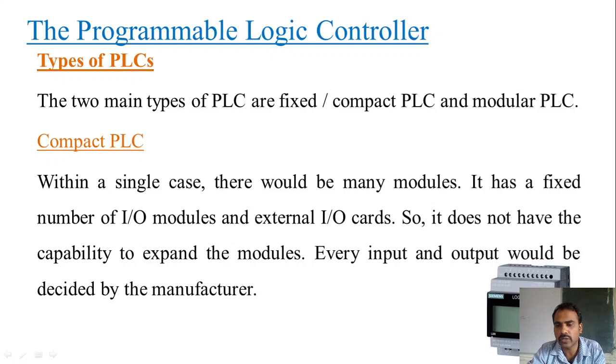If you want to expand an input or output module, it is not possible. Everything, that is, input and output, will be decided by the manufacturer. Whatever inputs or outputs are given by the manufacturer, we have to manage the things with only those.